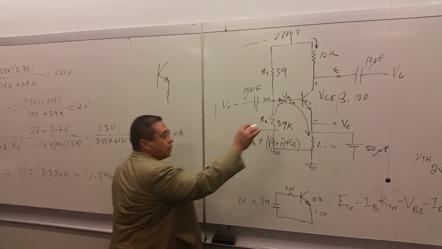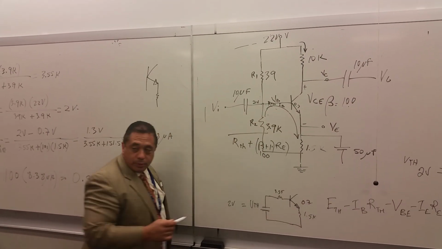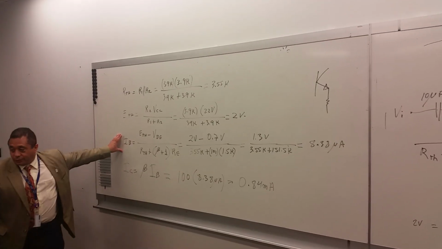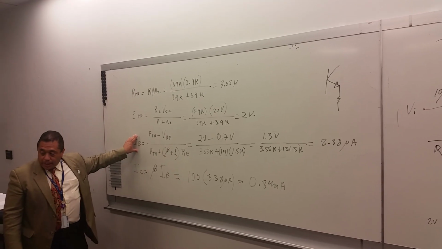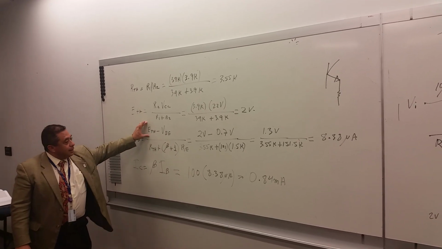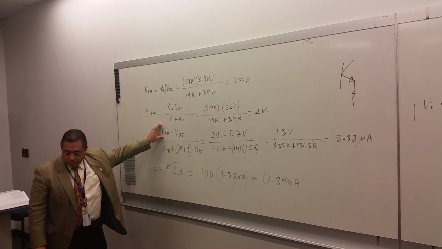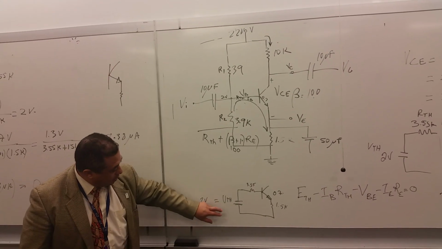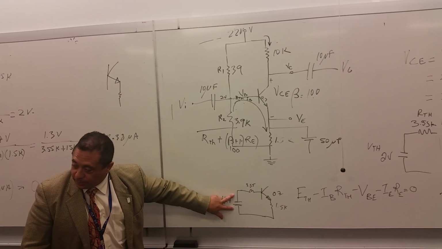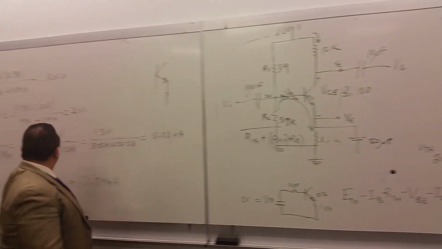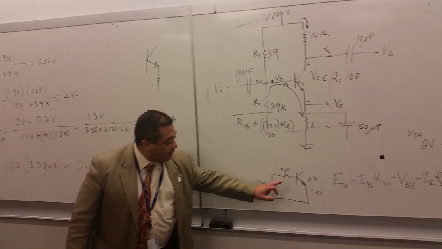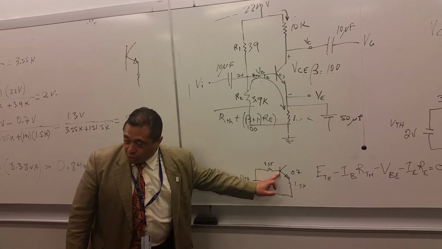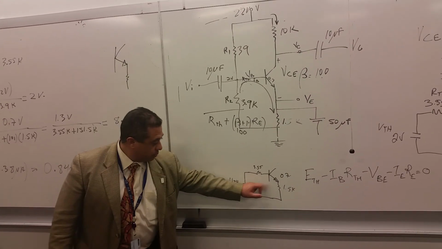Now remember, we want to calculate what's going on in this loop, right? Now, let's take a look at this formula. The current at the base is going to be the voltage Thevenin, this is the equivalent circuit, over, minus the voltage of the emitter base junction, which is 0.7 volts.